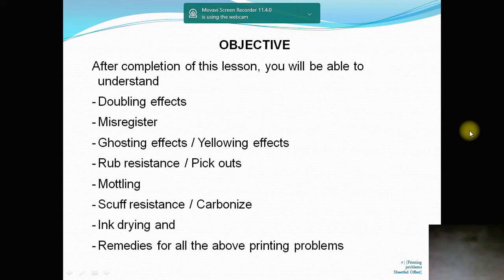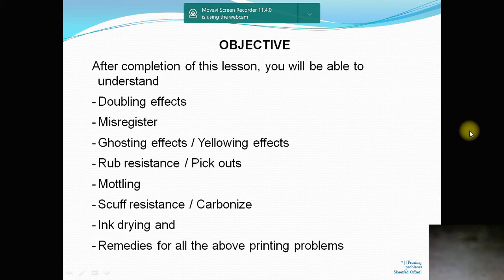These are some of the main problems which we face at the time of printing. And not only the problems, here we are going to know what the remedies are to solve those problems. We are going to know all the remedies for all the above printing problems.